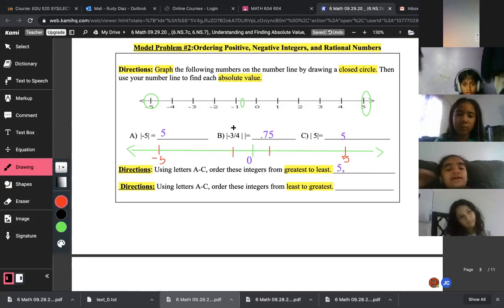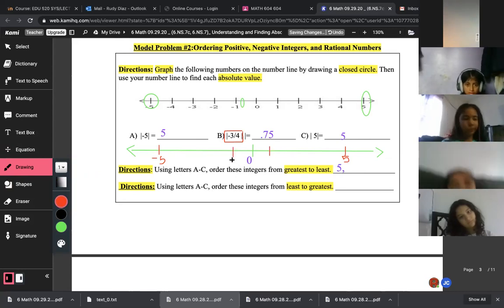If I was to read this, the absolute value, this part, negative 3/4, that's in between negative 1 and 0, this is 1, that will be like right here, because that means you owe me 75 cents. Does that make sense to everyone? 0.75, you read it right here, that's 3/4, that's 0.75, yes? Does that make sense to everyone?